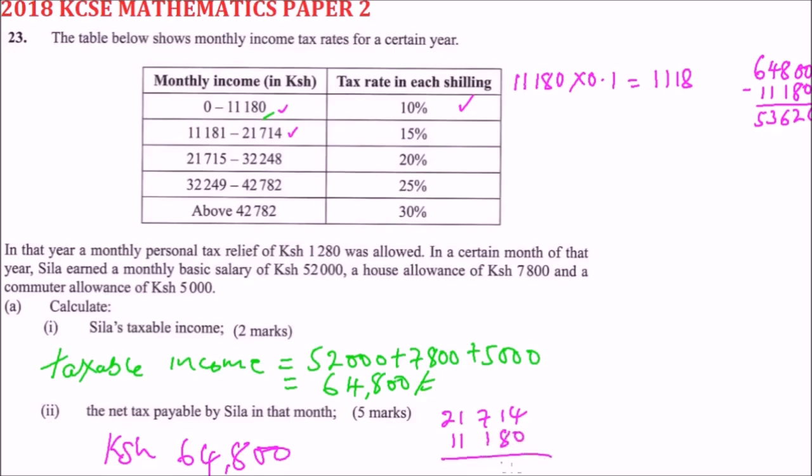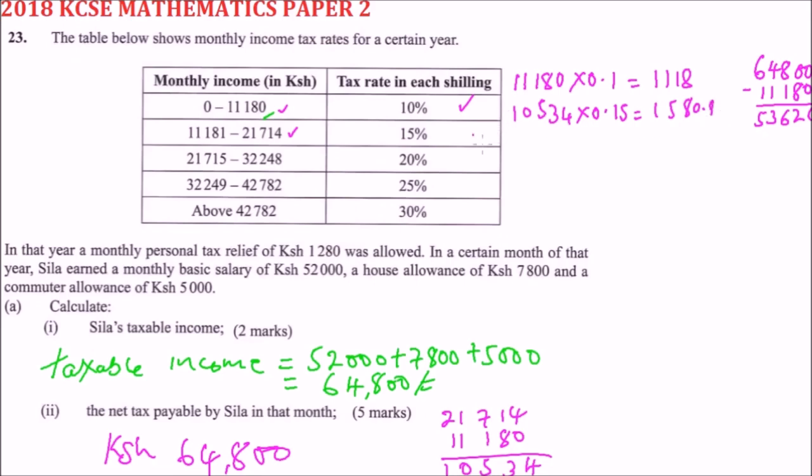Then the next bracket we will calculate 10,534 and you multiply by 15%, which is the same as 0.15, and that will give us 1,580 using your calculator. So this is the amount in the second bracket.